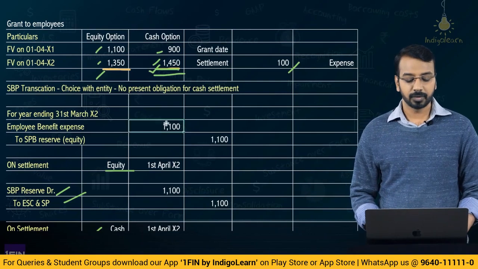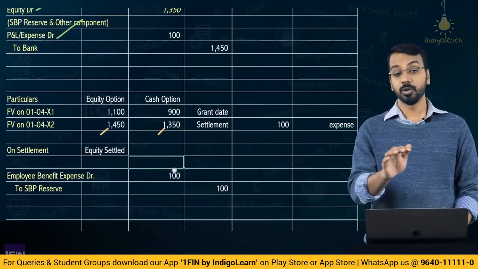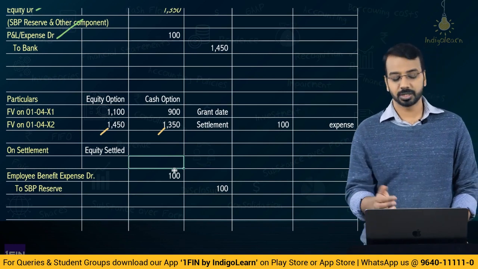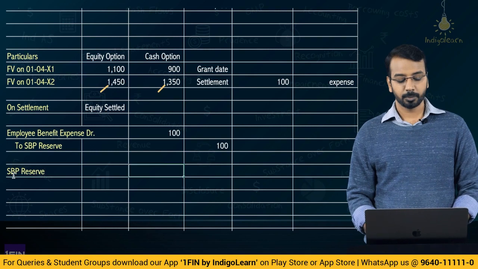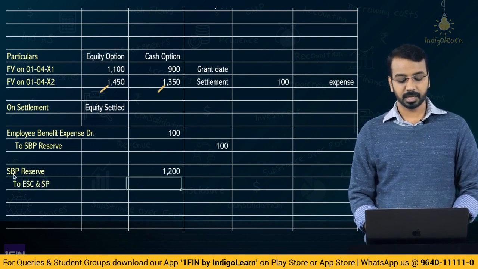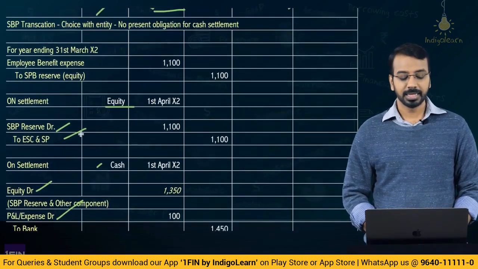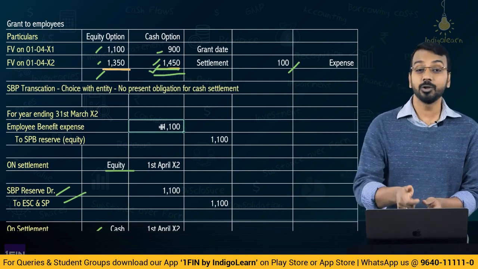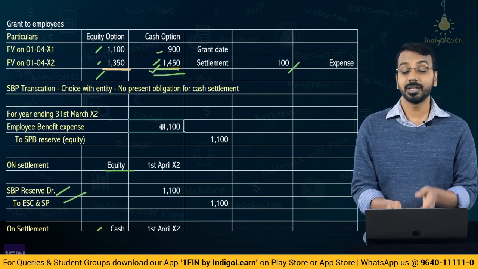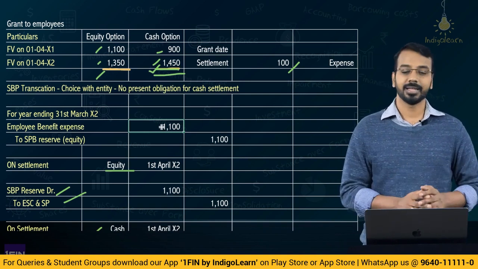First entry of 1100 plus another extra 100, 1200 will be credited to equity reserve, and then when you issue the shares, you will debit the SBP reserve by 1200 to equity share capital and maybe securities premium 1200. Okay, so what has happened here? 1100 is the initial recognition of expense, and the difference between the higher value and the lower value, when you are choosing the higher value, will be treated as an expense.